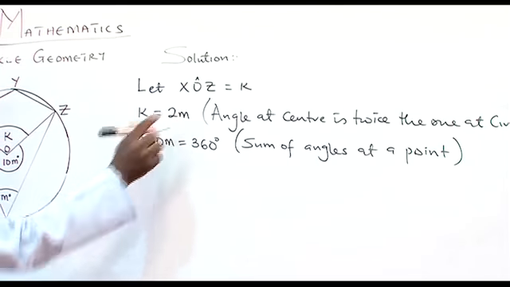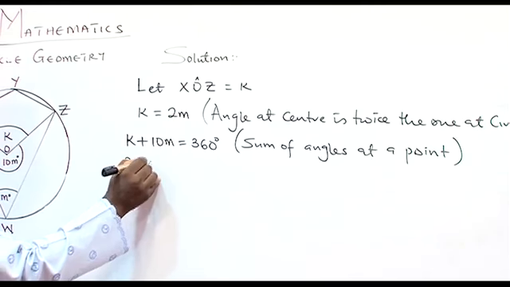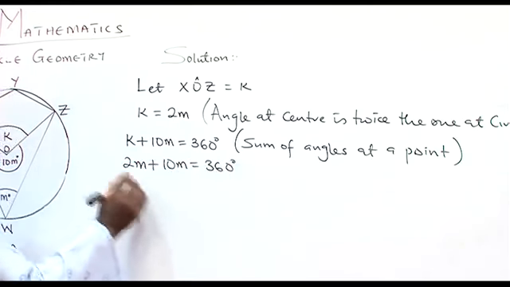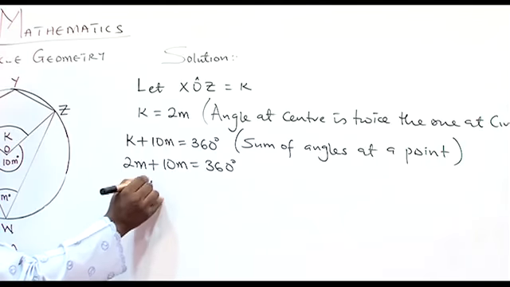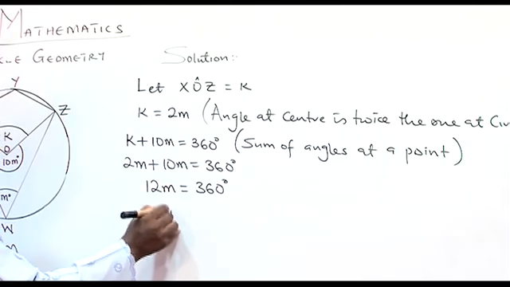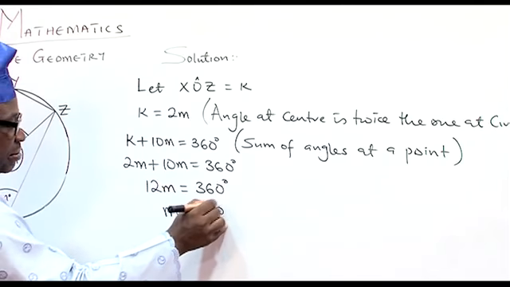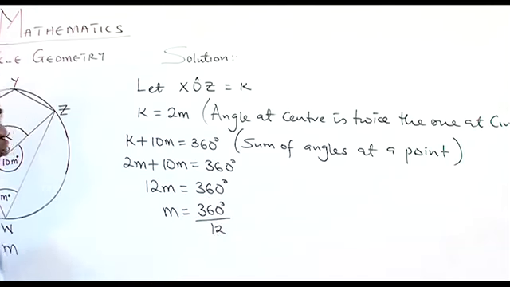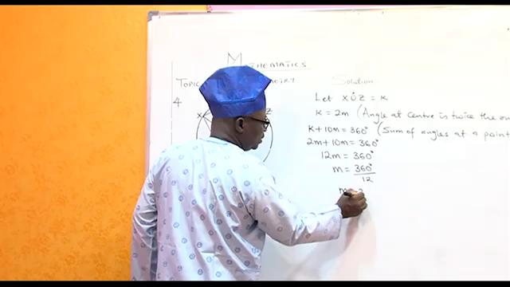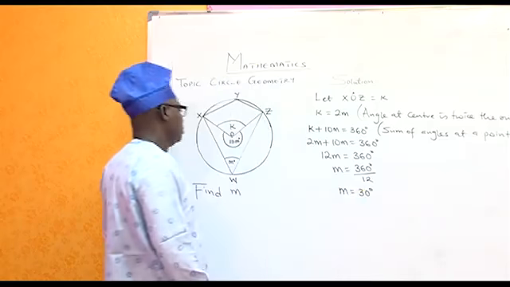Our K is 2M, so I'm going to change it to 2M. 2M plus 10M is 360. 2M plus 10M will be 12M, is 360 degrees. Then M is 360 degrees divided by 12. So in that case, M is going to be 30 degrees.